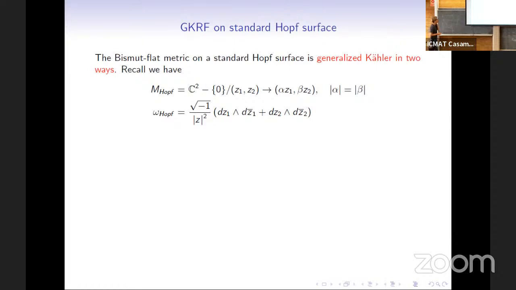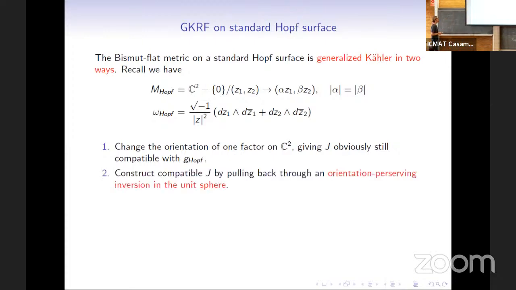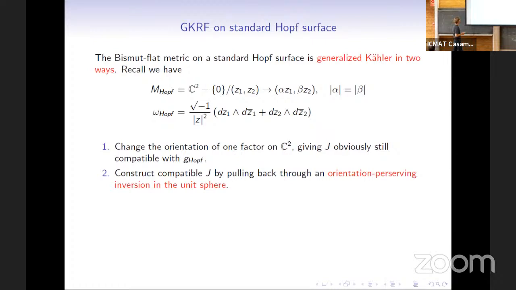So on the one hand, on C2, you can just change the orientation of one of the complex planes. That gives a new complex structure, which is obviously still compatible with this metric. That's easy to see. And this is a commuting type structure, so here the Poisson tensor will be 0. On the other hand, you can construct J by this very beautiful geometric idea, which I think is due to Marco.